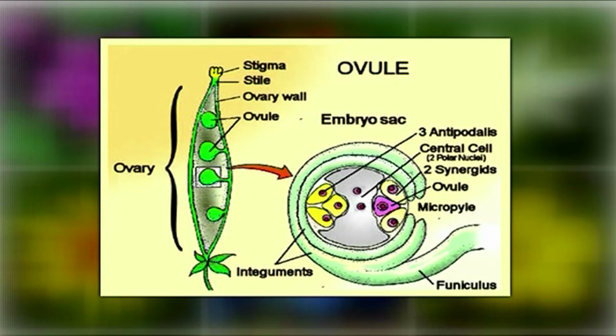The gap in the integuments through which the pollen tube enters to deliver sperm to the egg is called the micropyle. The stalk attaching the ovule to the placenta is called the funiculus. Ovules are generally positioned so that the micropyle is facing the point of funiculus attachment.